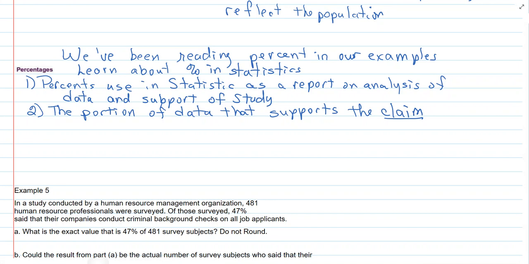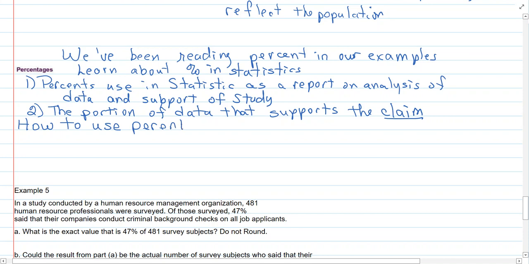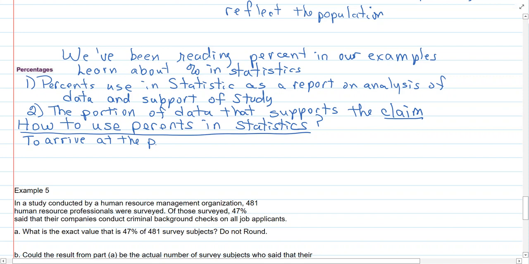So, how do we use it in statistics? Well, the common way that we use it in statistics is to arrive at one. All right. So this is the one way we can use it.